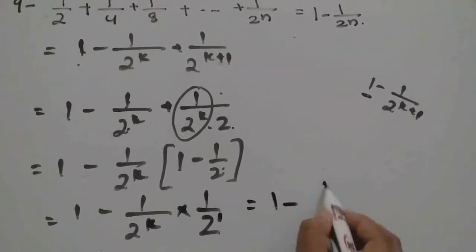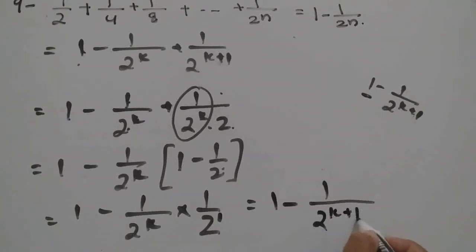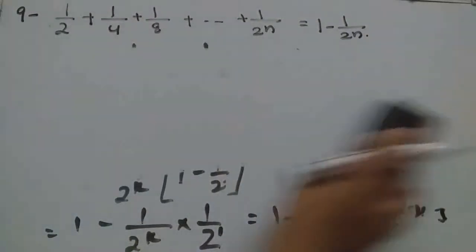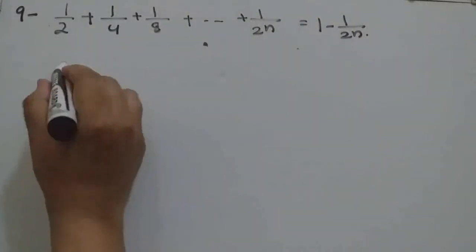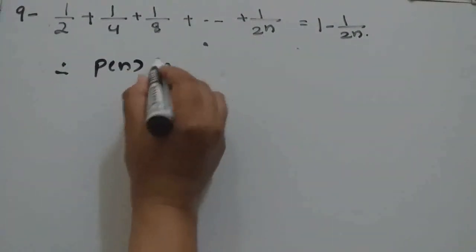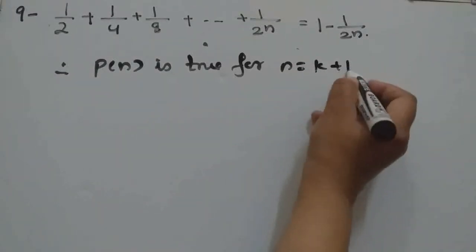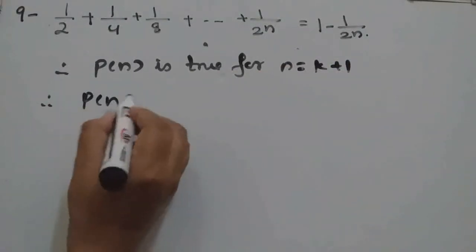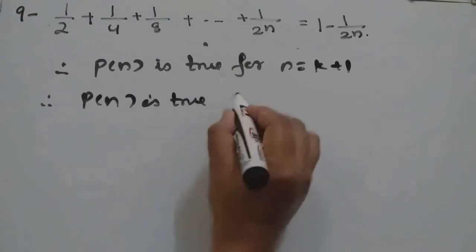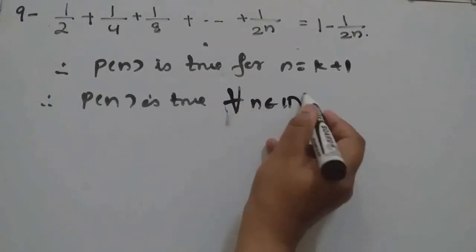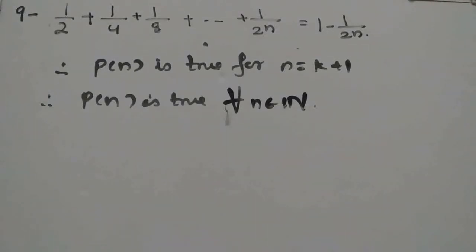So we can write index rule, 2 power k plus 1. This is what? RHS. So we can write here, therefore P of n is true for n equal to k plus 1. Therefore P of n is true for all n belongs to natural number set, that is N.